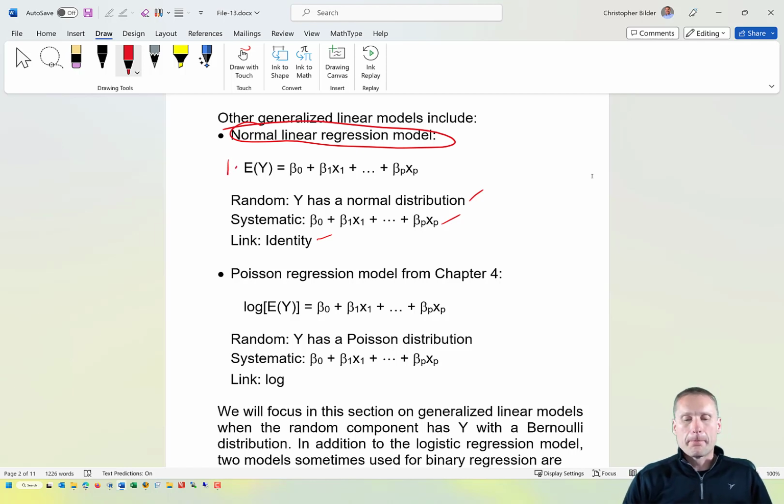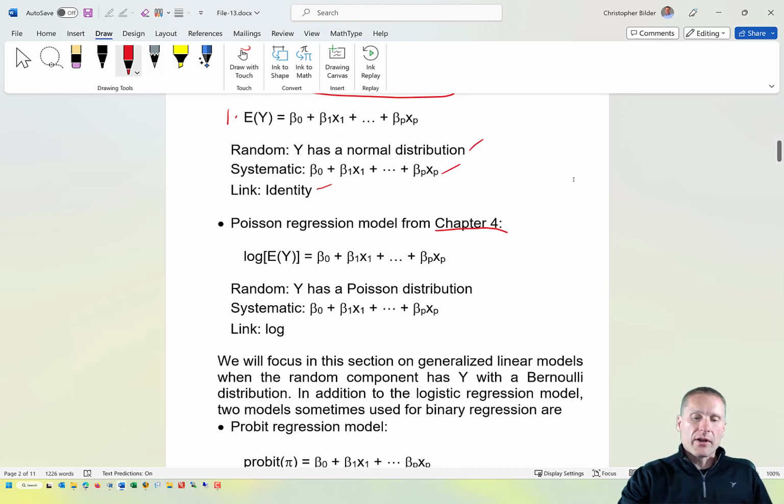In chapter 4, we're going to learn about a particular kind of generalized linear regression model known as a Poisson regression model. In that particular case, we're going to let y have a Poisson distribution. This is a common probability distribution that people use when one is dealing with counts. Now, you might be thinking, well, wait a second.